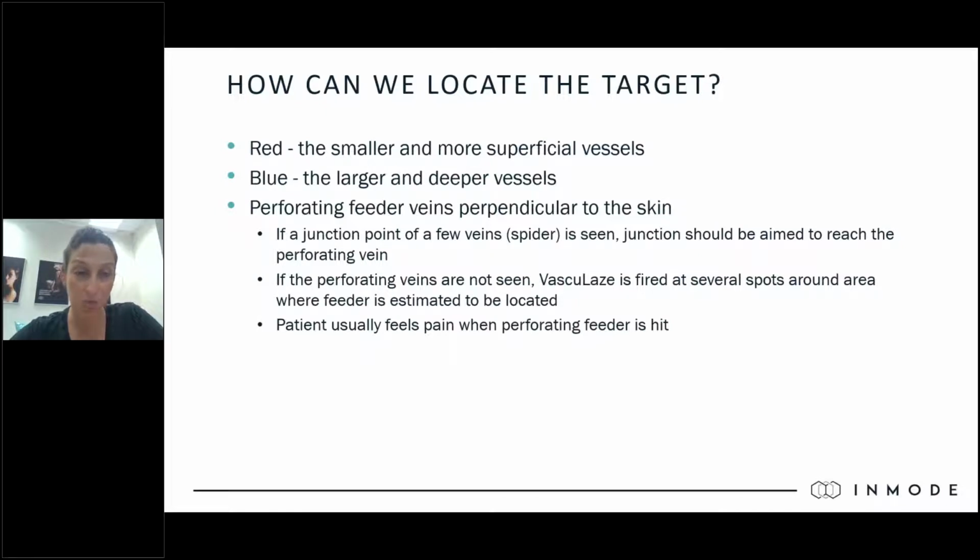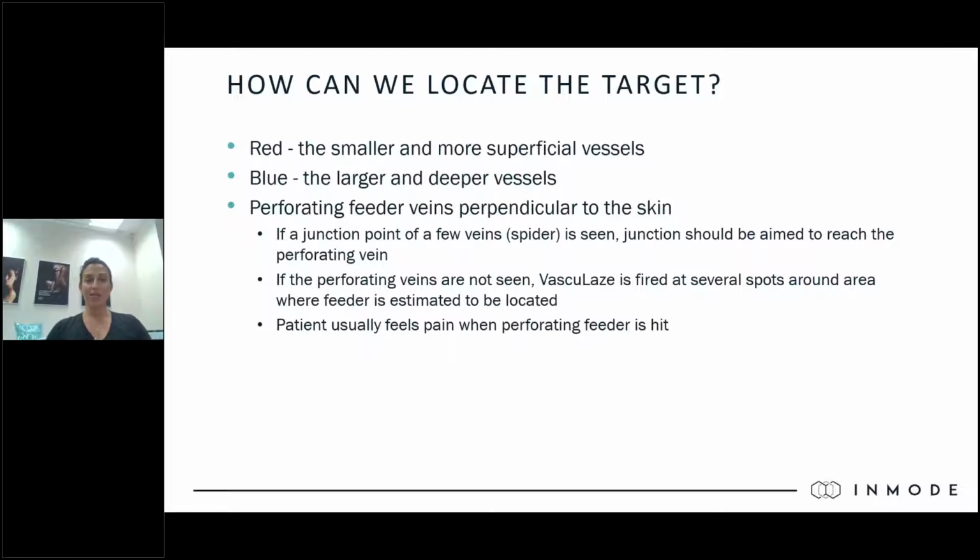And we can target to some extent the larger, the blue ones. In any case, we're always talking about treatment of the venous system rather than the arterial system. The perforating feeder veins are somewhat more complex to talk about and to treat.